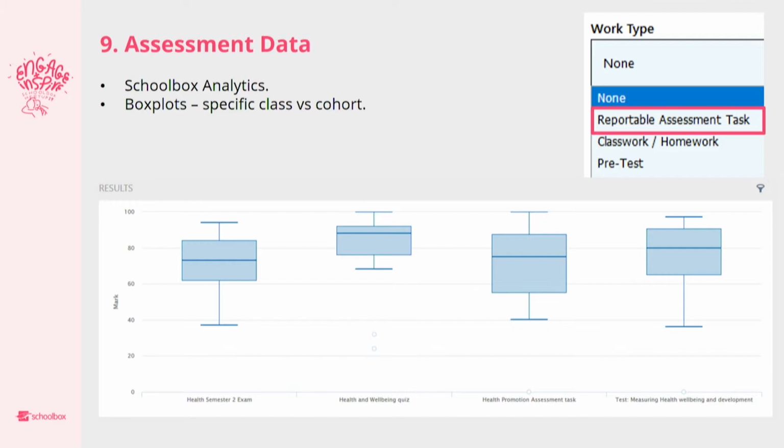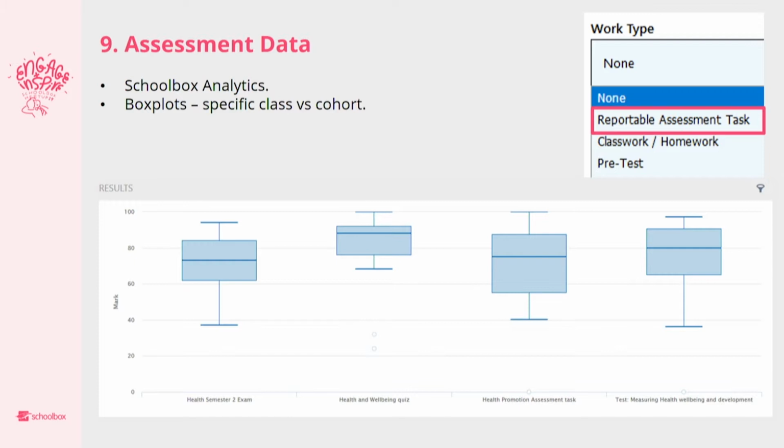And sometimes it's comparing that to a pre-test if the pre-test is of a very similar nature. So I just wanted to highlight that through some of the more recent filtering functionality that you can do in this area of Schoolbox, it's been really powerful for us to just examine the data that we want to as it relates to certain work types.